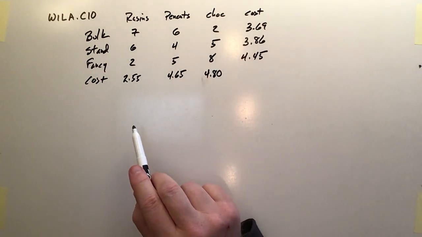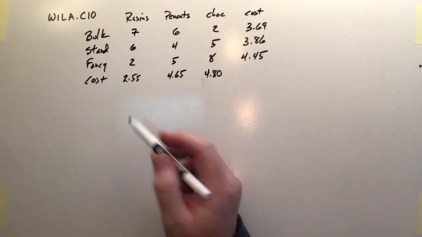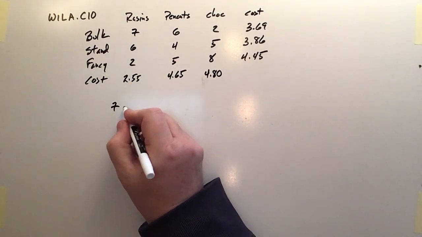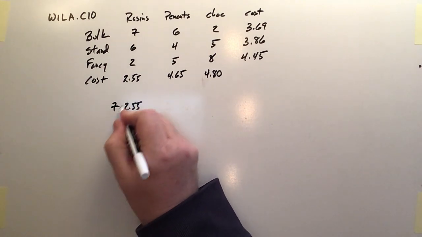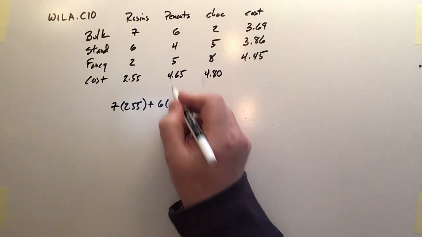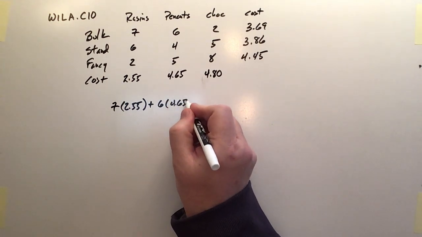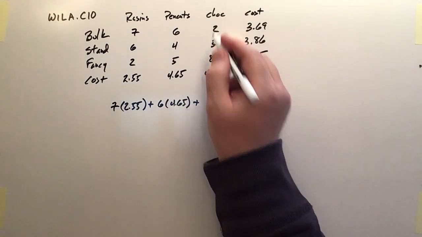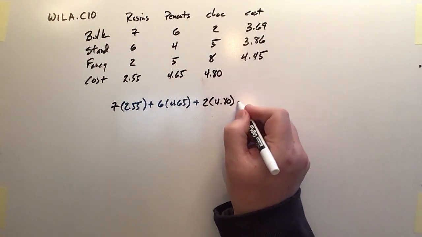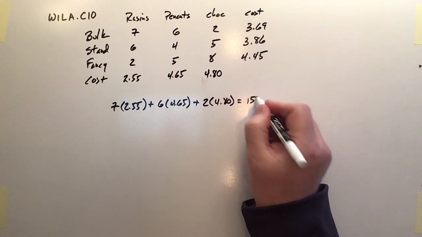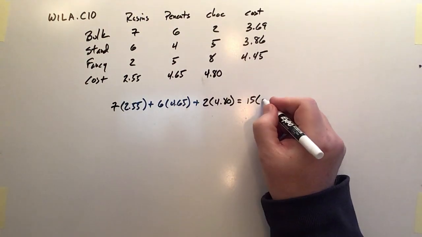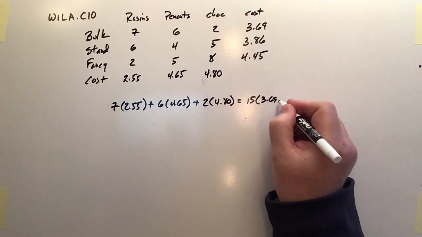So first, the bulk mix. If I had to write an equation for the bulk mix, it would be that 7 units costing $2.55 each plus 6 units costing $4.65 each plus 2 units costing $4.80 each should be equal to 15 units, because that's the total of 7, 6, and 2, costing $3.69 each.